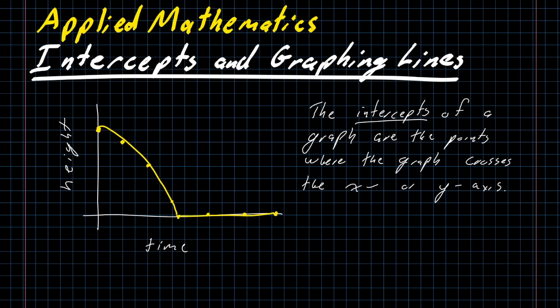The intercepts of a graph are the points where the graph crosses the x or y axis. In this particular graph, I have a point here where the graph crosses the y-axis, and I have a point here where the graph crosses the x-axis.